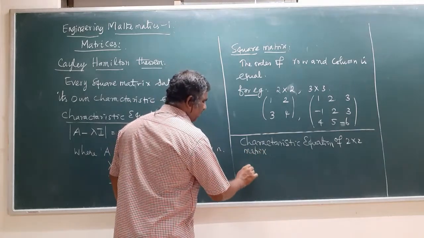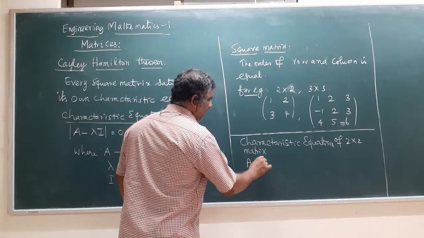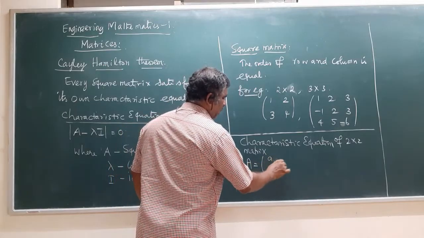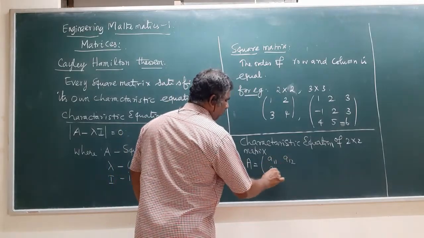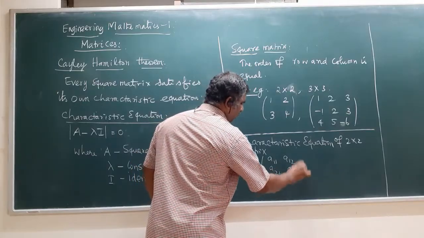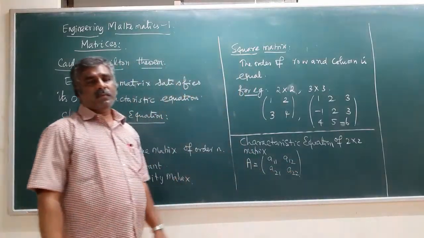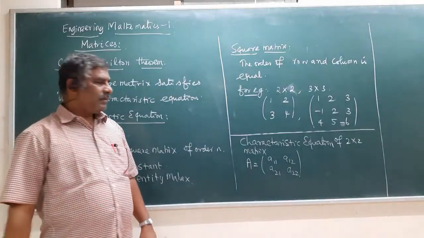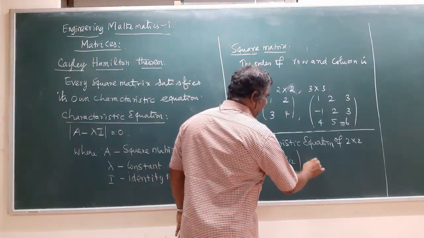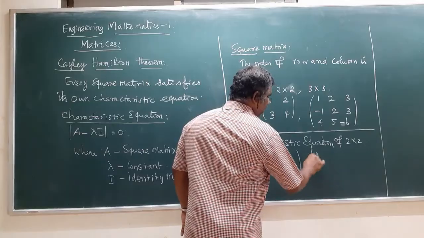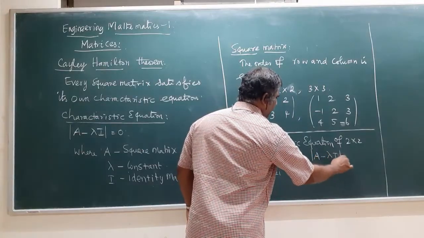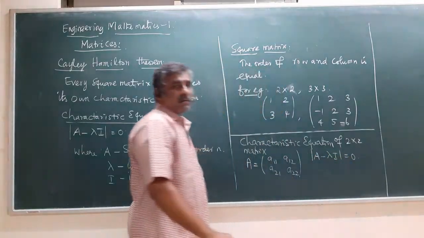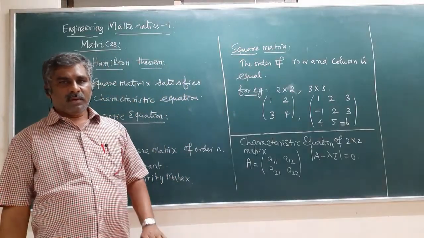In case you consider the square matrix A equal to A11, A12, A21, A22, it is a square matrix of order 2. Then what is the characteristic equation? Determinant of A minus lambda I equal to 0. How to write that?